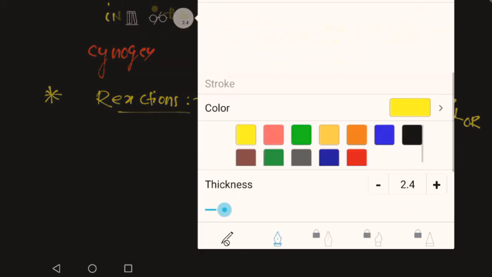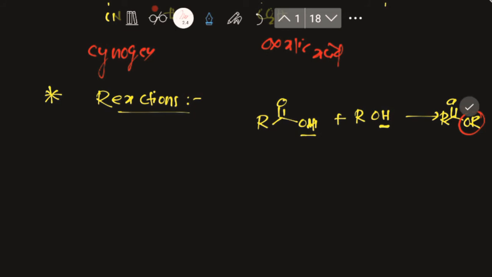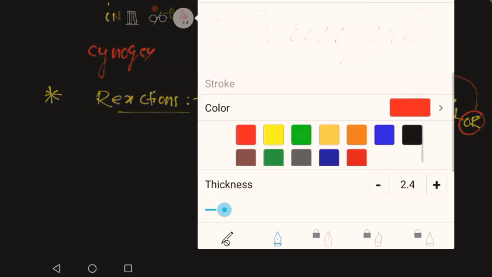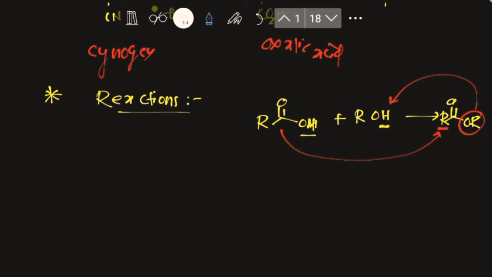Always remember, in RCOOR, this part comes from the alcohol and this part comes from the acid. We convert carboxylic acid and alcohol to the ester, and this functional group is called an ester. Because the reaction proceeds by losing a water molecule, it is called the esterification process.